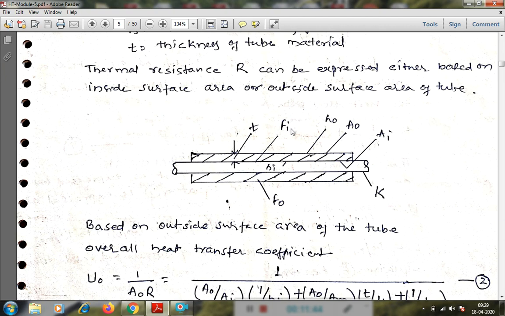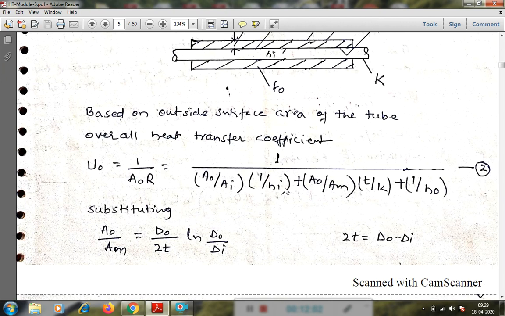The fouling factors are Fi for the inside surface and F0 for the outside surface, the thermal conductivity of the material is k, the inside surface area is Ai, and the outside surface area is A0. The overall heat transfer coefficient is usually considered based on either the outside surface area or the inside surface area.